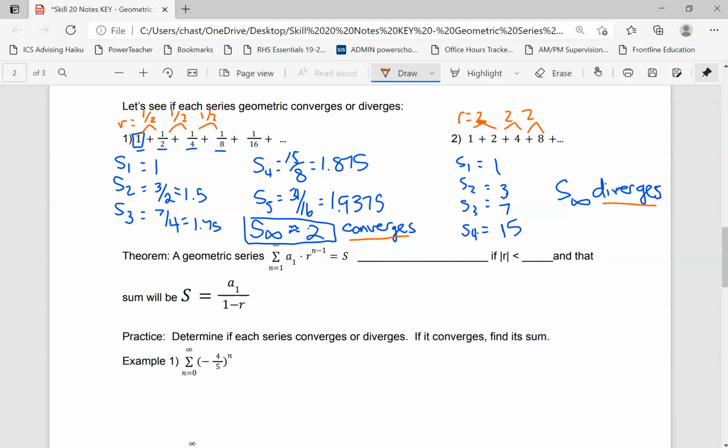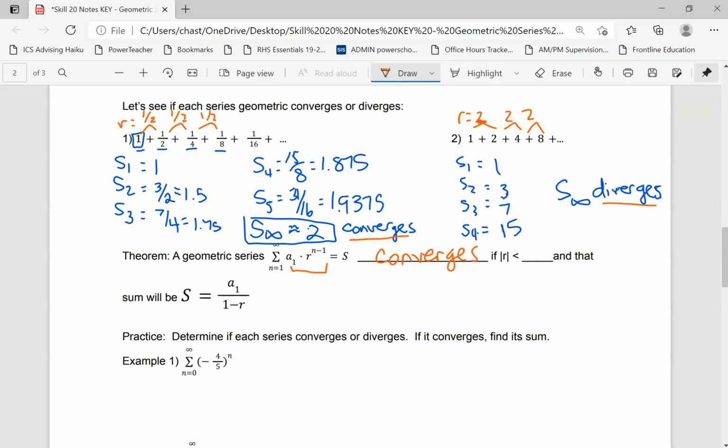Okay? So a theorem for a geometric series is that if you took the sum from 1 to infinity of, this is just the geometric sequence formula, and it equals S, we're going to say it converges.